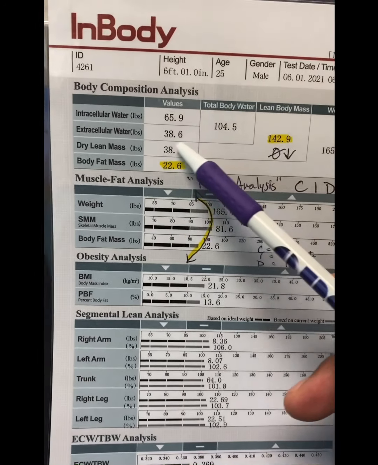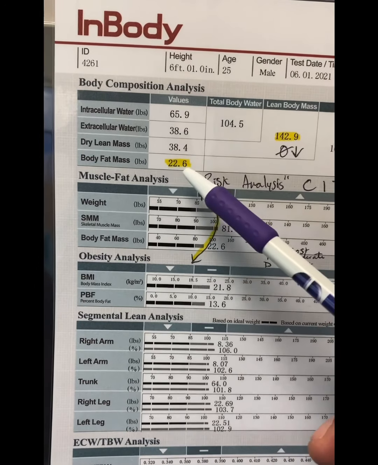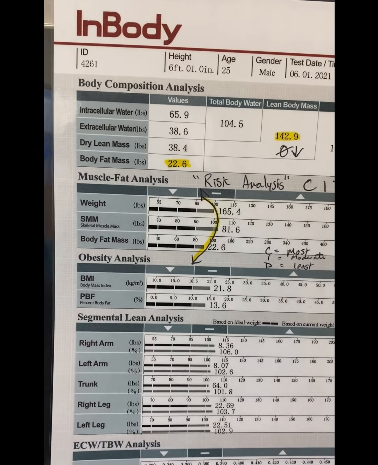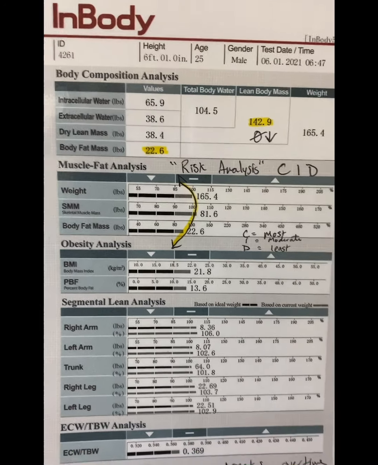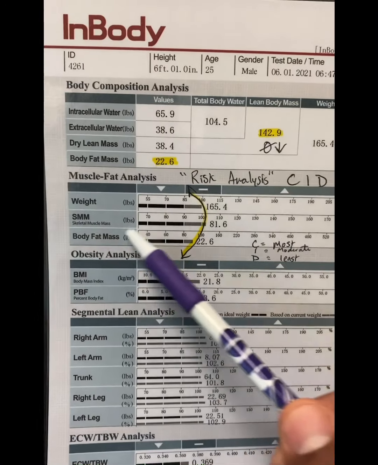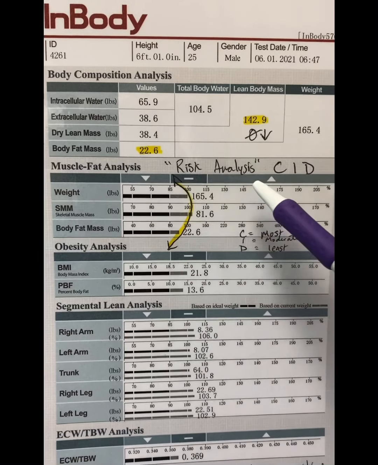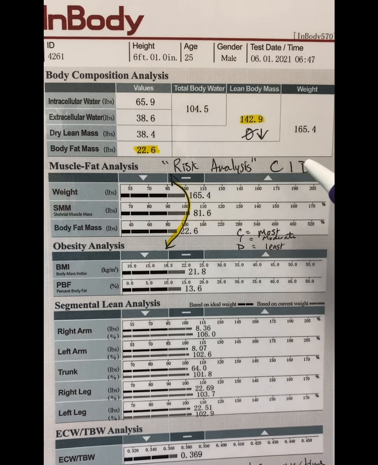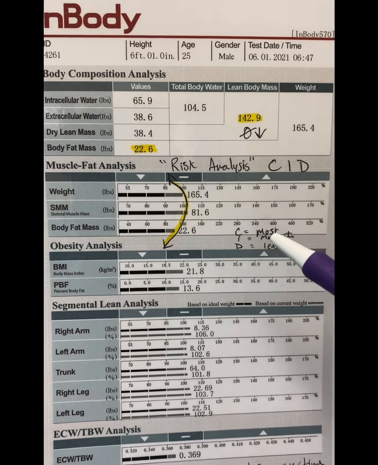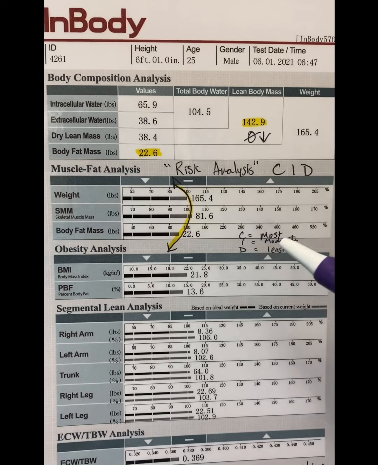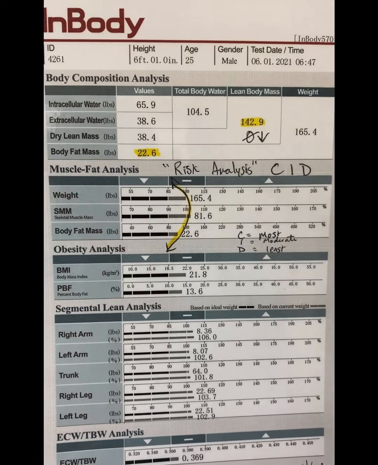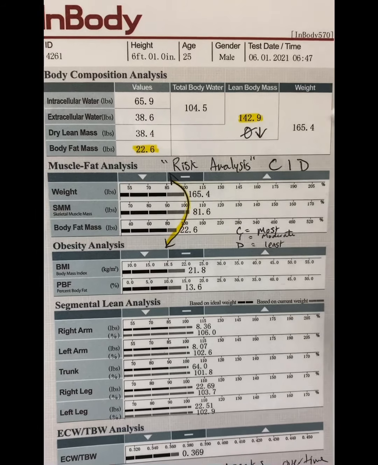We're going to navigate to the amount of fat mass. This number will never reach 0, but you can play with that depending on how you want to feel in your own skin. When you're coming down to the muscle fat analysis, that is your risk analysis, and it'll correspond to the trend line of a C, an I, or a D, with C being the most risk, I being moderate risk, and D being the least risk of health ailments and muscular issues over time.